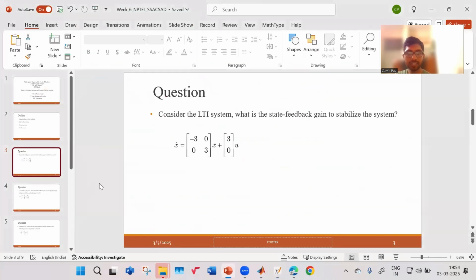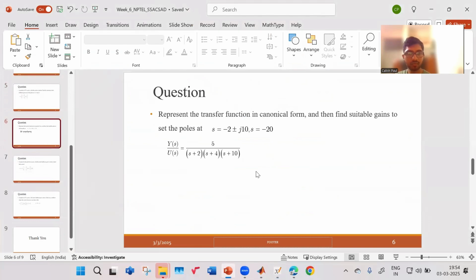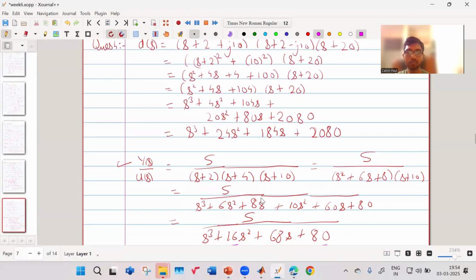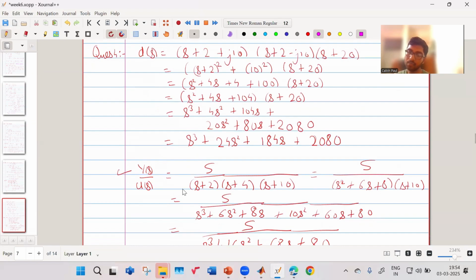Next, I considered this sum where we first represent the transfer function in canonical form, and then we find suitable gains. This is the desired characteristic polynomial, and this is the transfer function of our system. We expand it.